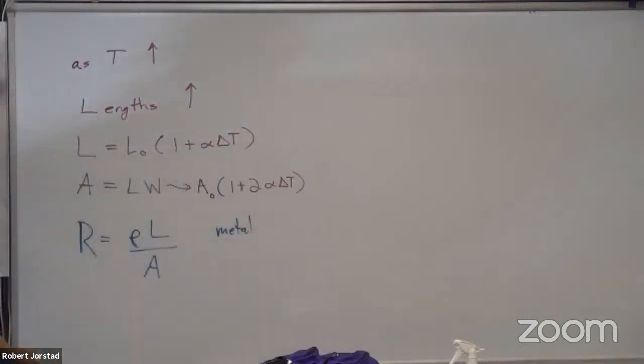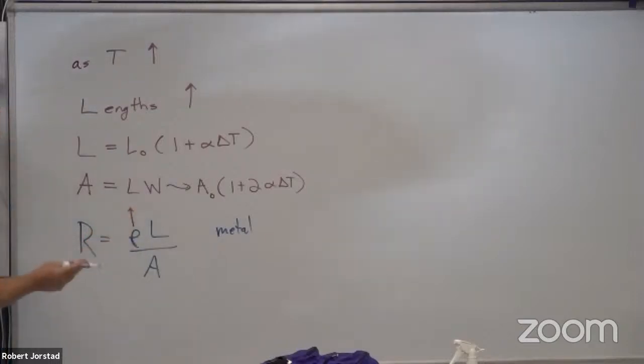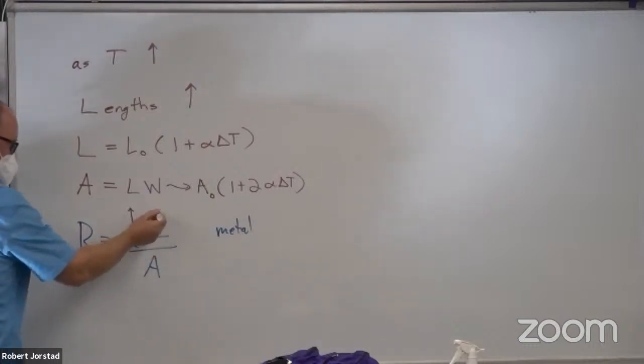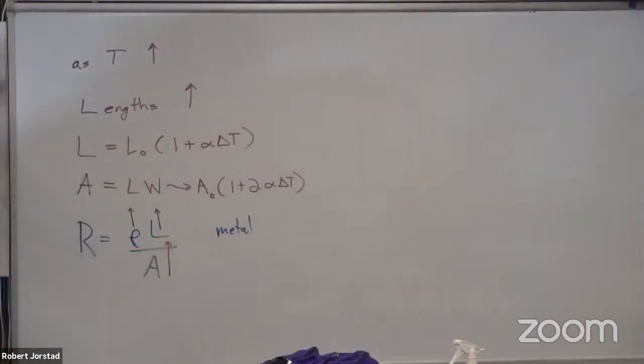If we're talking about metal, as this gets hot, what happens to resistivity? Up, down, stay the same? Up for metal, down for semiconductors. Okay, what about the length? What about the area? Up twice as much. Shouldn't those factors cancel out?